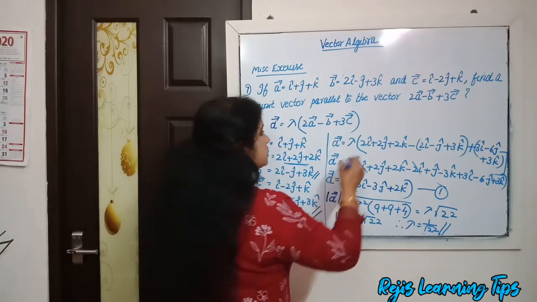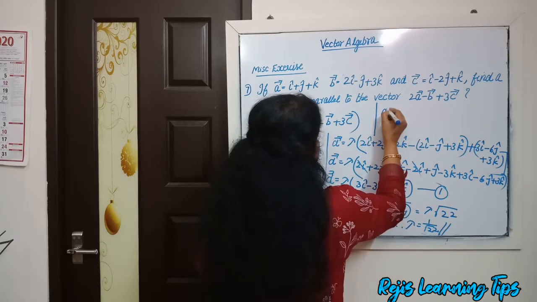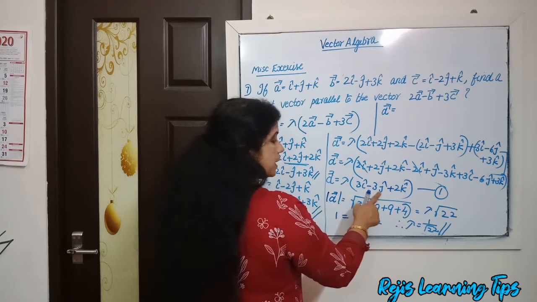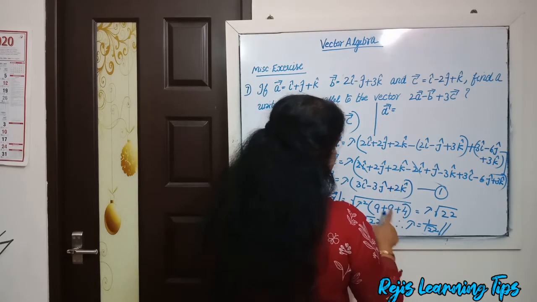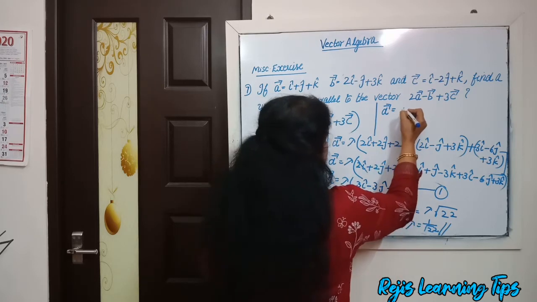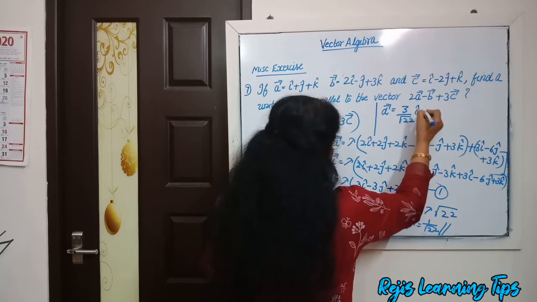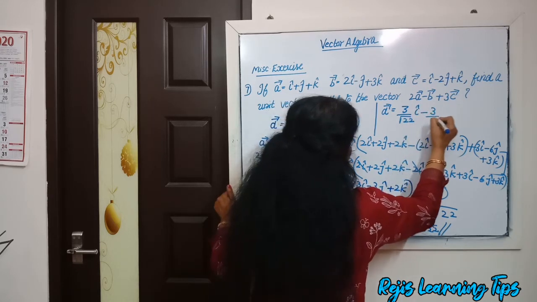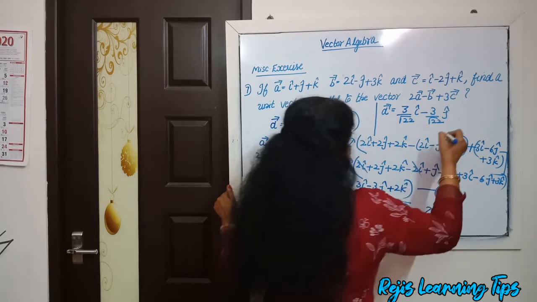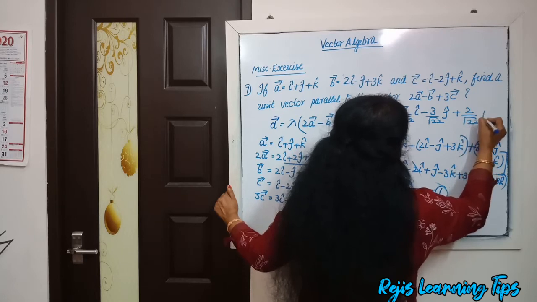Then vector D is equal to lambda times of 3i cap minus 3j cap plus 2k cap, that means 1 by root 22 times that, that is 3 by root 22 i cap minus 3 by root 22 j cap plus 2 by root 22 k cap.